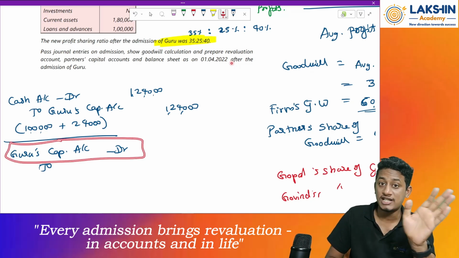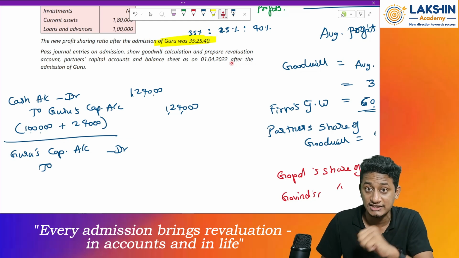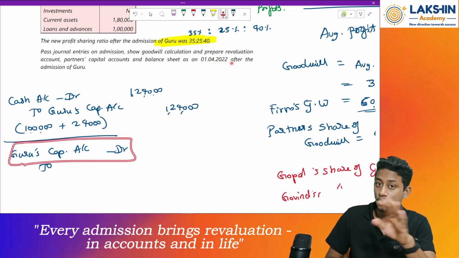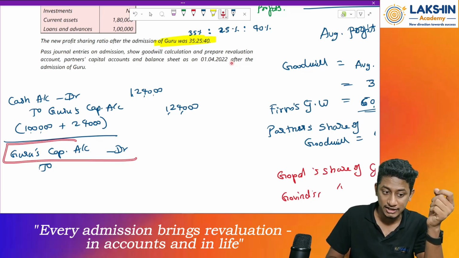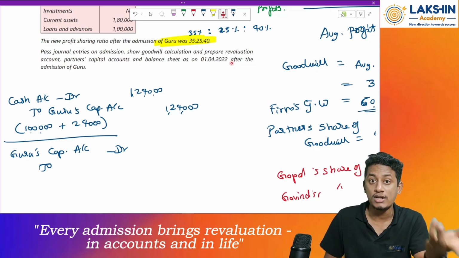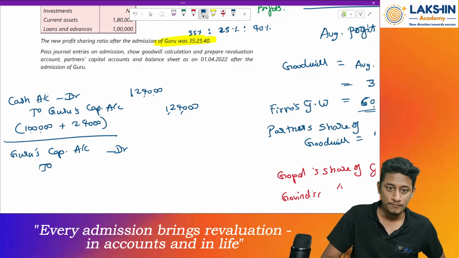He is not sacrificing anything over here. He is compensating the partners for the sacrifices they have made. Don't feel bad for Guru. Guru is losing nothing over here. He is getting some more benefits over here. That's why he is bringing in goodwill as a compensation to the sacrificing partners. Who are the sacrificing partners? The old partners. Clear?